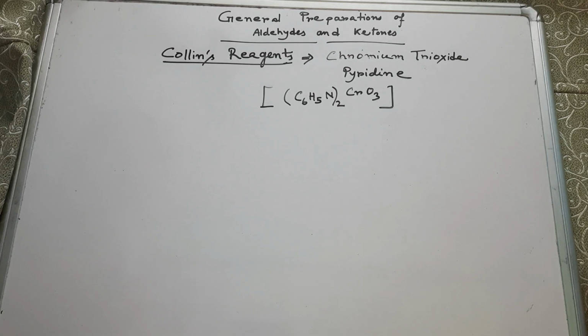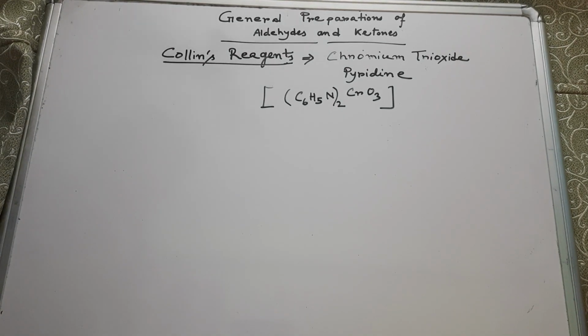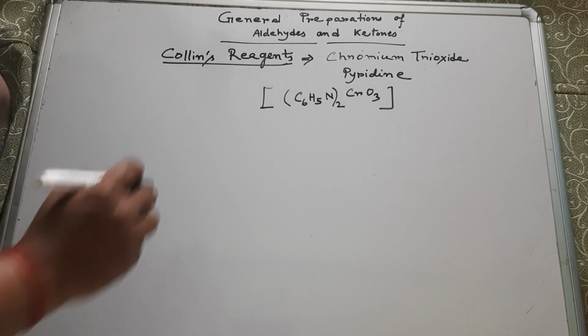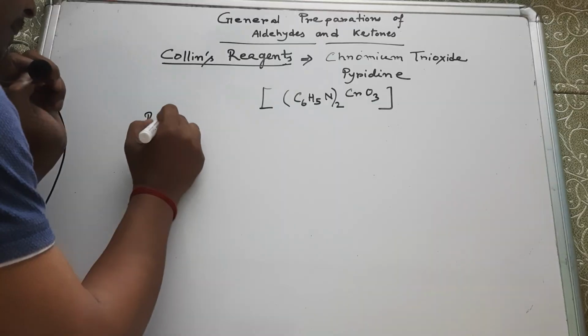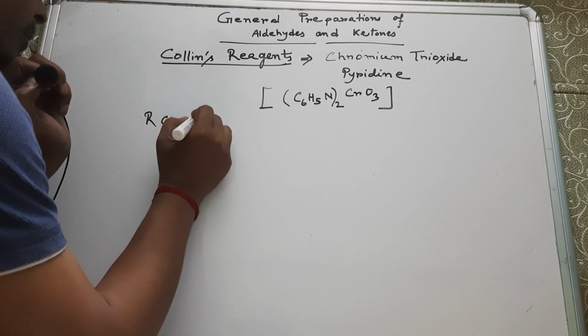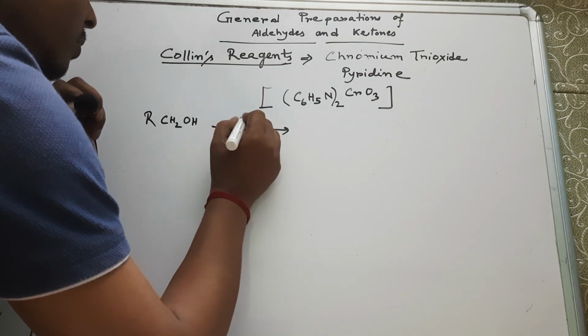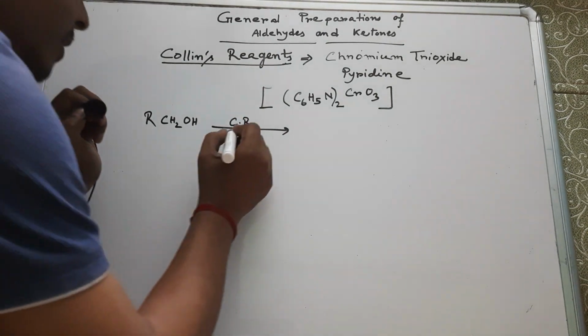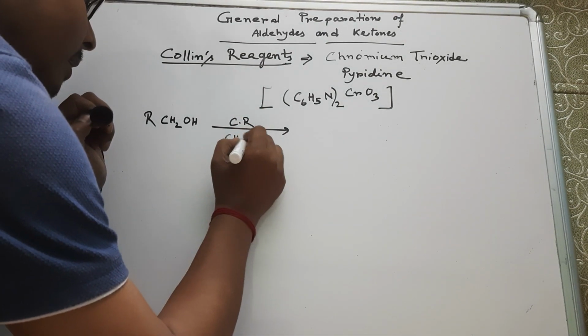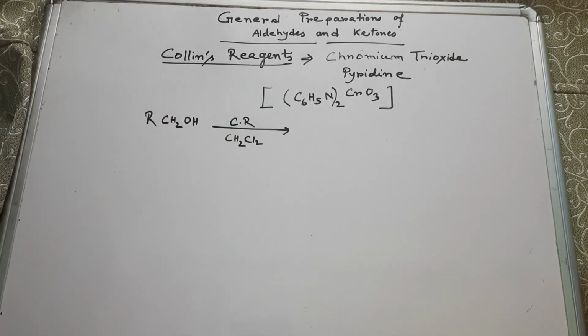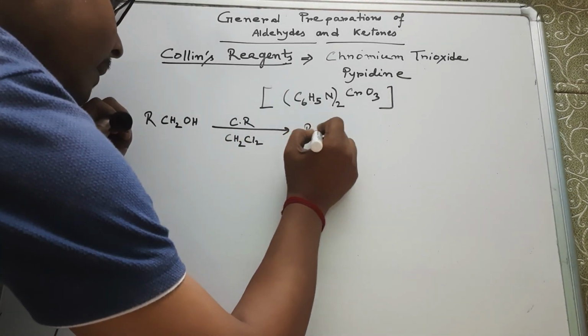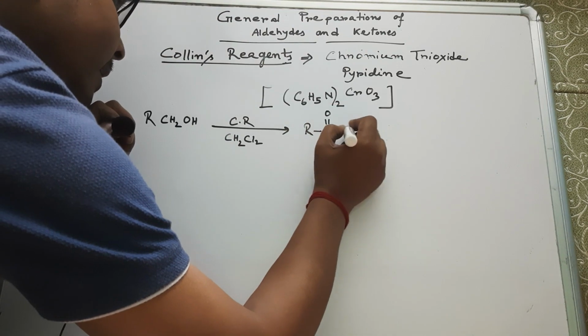This is the Collins reagent, and by Collins reagent, if you start from primary alcohol and use Collins reagent with CH2Cl2 as solvent, you will get aldehyde.